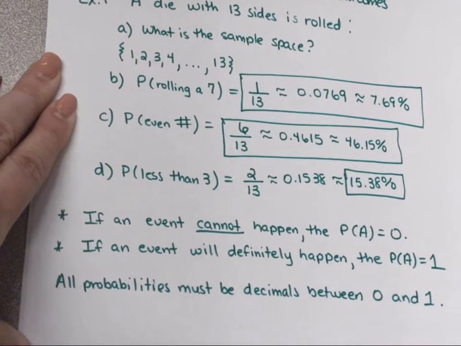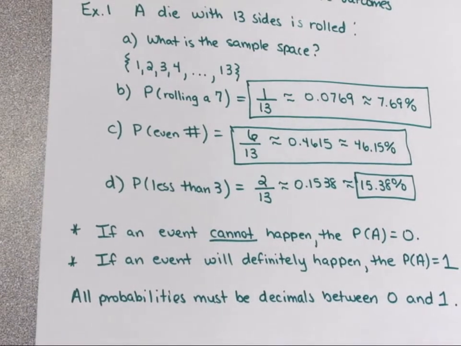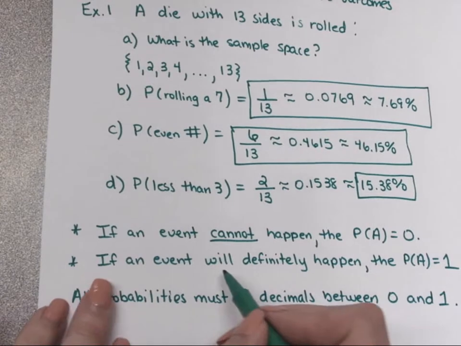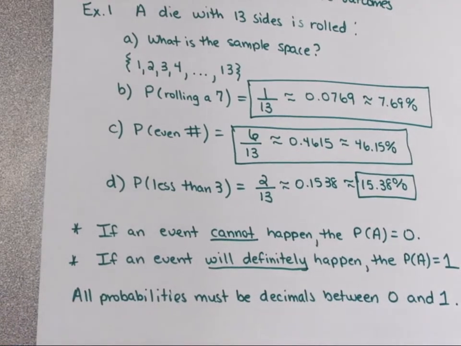Okay, if it's close to 0, what does that mean? Is it likely or not likely? Not likely, right? And if it's close to 1, what does that mean? Likely, okay? But the only things that are certain are if it's a probability of 0 and a probability of 1. Okay? So do you want it in decimal or percentage? It just kind of depends.